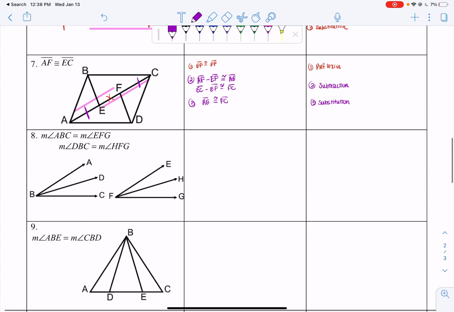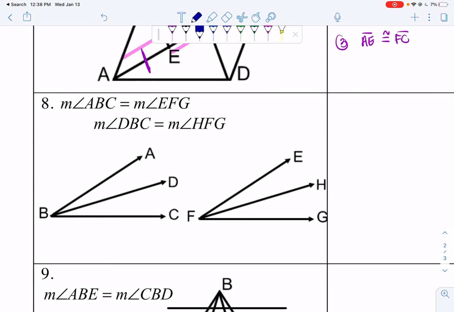Two more examples. In this example, I have angle ABC is equal to angle EFG, so I have a whole is equal to a whole, and then I have angle DBC, so a part, congruent to angle HFG, which is another part. So I can actually show that this angle and this angle are congruent to each other by using subtraction.